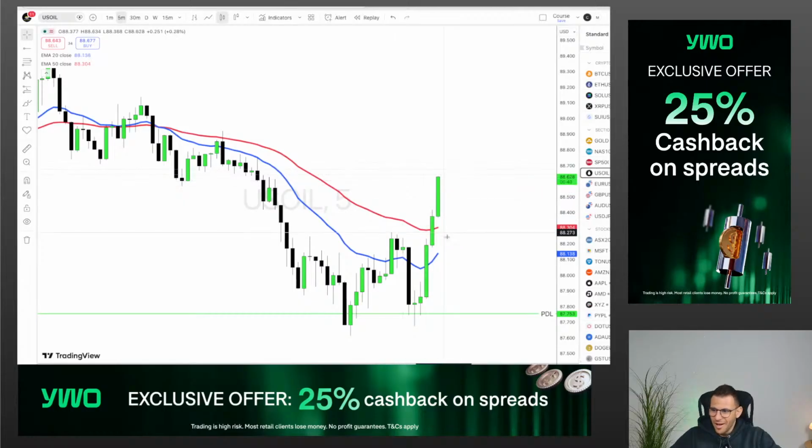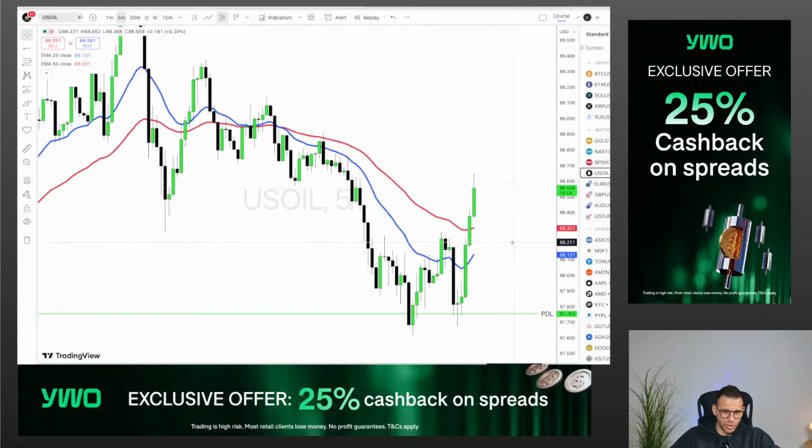USOIL. This is a classic failure swing bottom reversal. I spent a lot of time explaining this reversal inside the course, guys, because this is something you can trade on the lower time frames every single day with high probability of success.